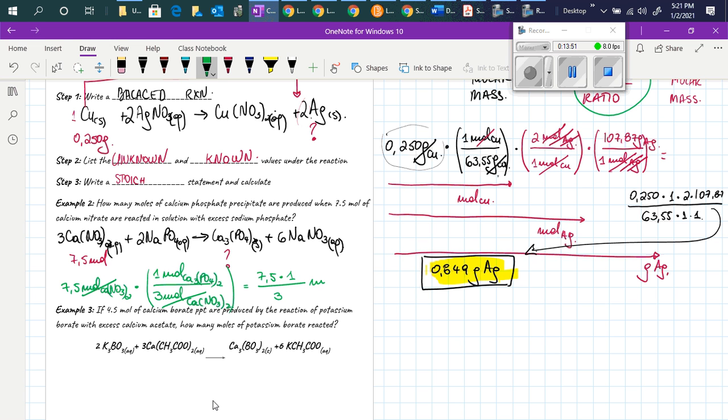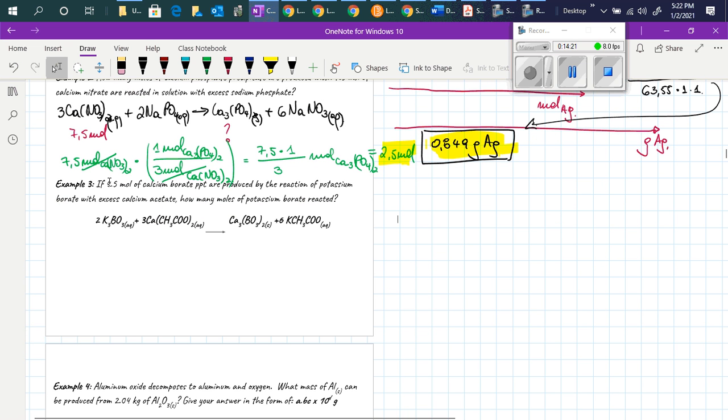And the units are moles of calcium phosphate. And the answer will be 2.5 moles. And again, considering the correct number of significant digits, we will have 2.5.